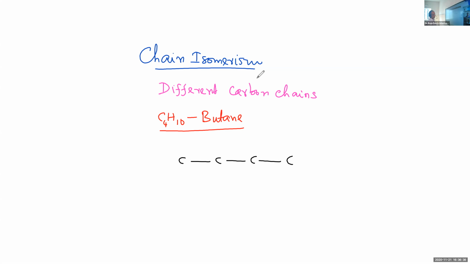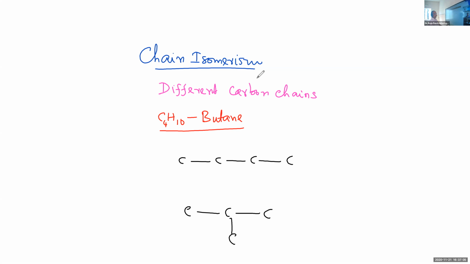4 carbon atoms in a chain, by catenation, carbon-carbon bonds. Then you think of another skeleton in which 3 carbon atoms are in a chain, and the 4th carbon atom is a side chain.